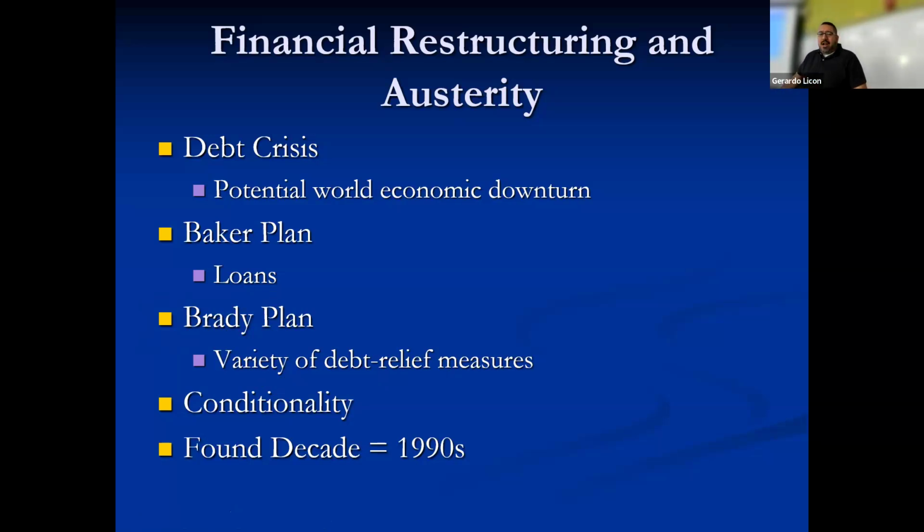Part of that had to do with conditionality, meaning, okay, we are going to give you a loan or some loan forgiveness, but you have to fulfill certain conditions. It could be things like, your bureaucracy needs to be more open.